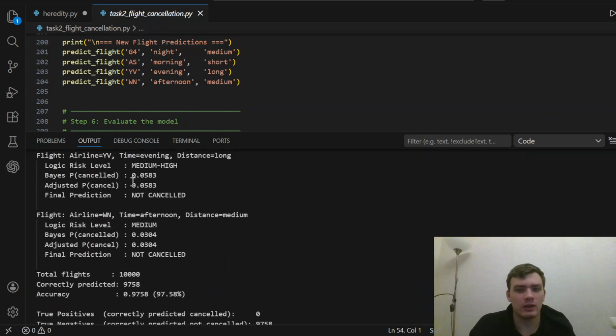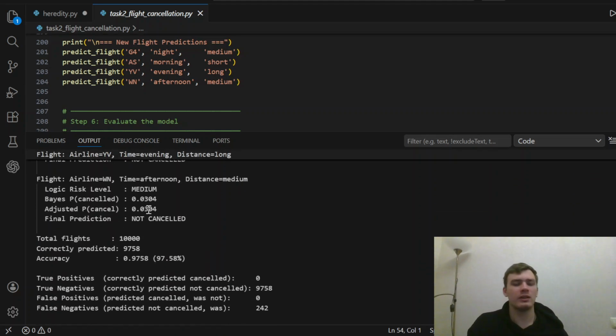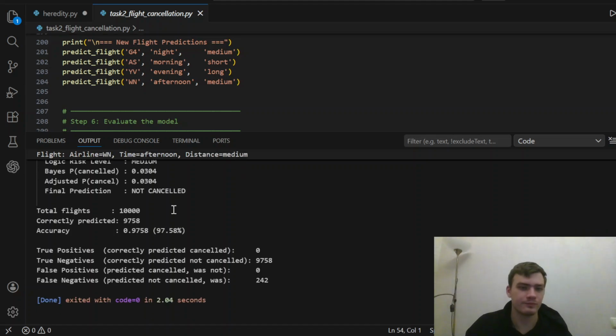So Bayes' theorem gives us precise numbers, and the knowledge base agent adds explanations: why exactly the flight is risky, where and when it's risky, and which ones are the riskiest. Together they form a complete AI system for predicting flight cancellations.